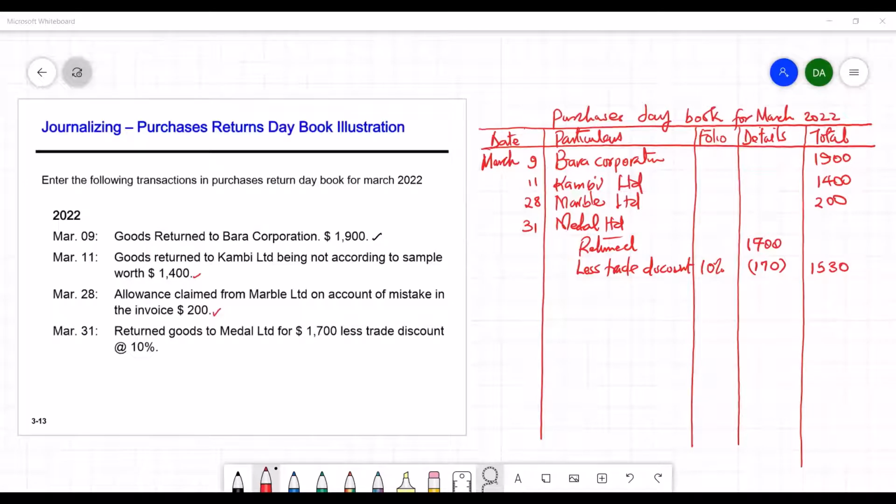Now the total of all these will become 5,030. And that is how to prepare the purchases return daybook from the information given.